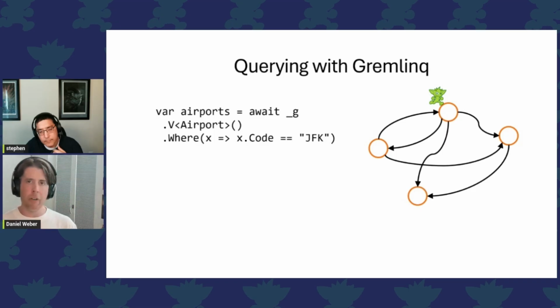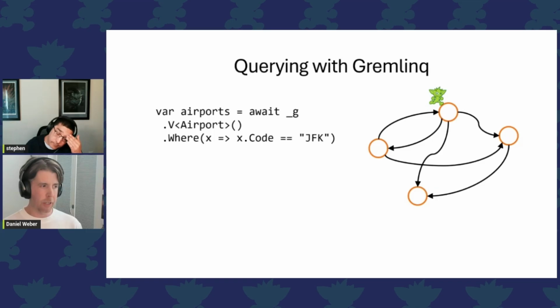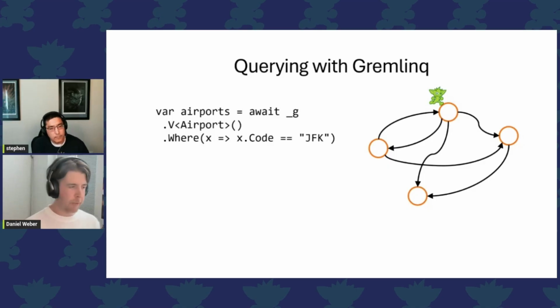We can reason about what we try to express on those airports by using properties in our code. So we would have this lambda, and we could say x goes to x.Code equals JFK, which is a perfectly valid type-safe C# expression, right?